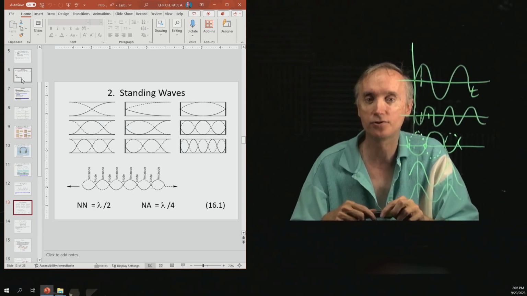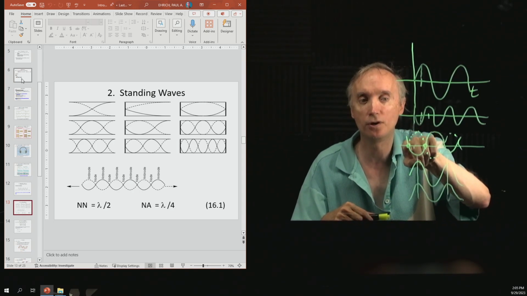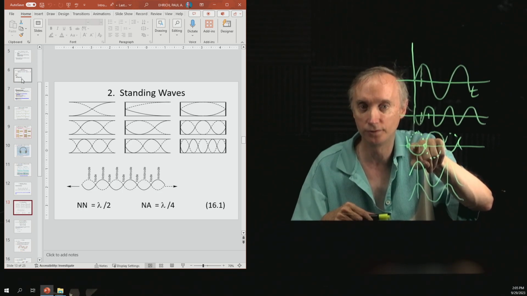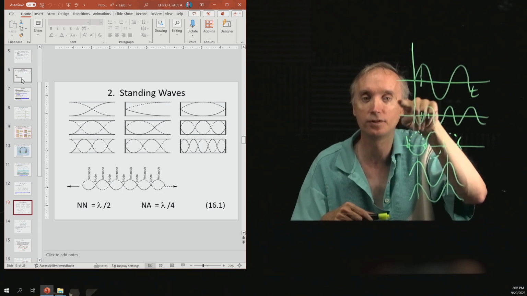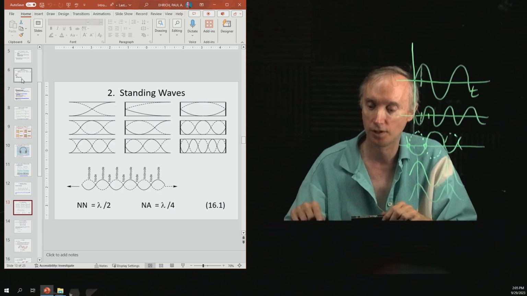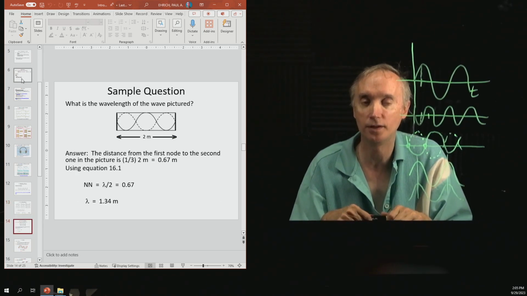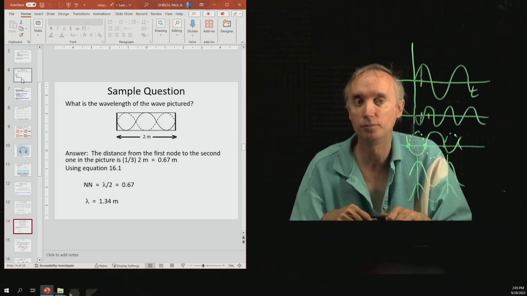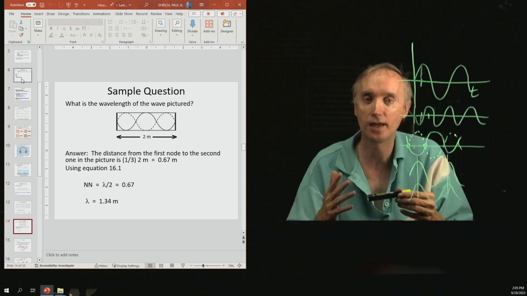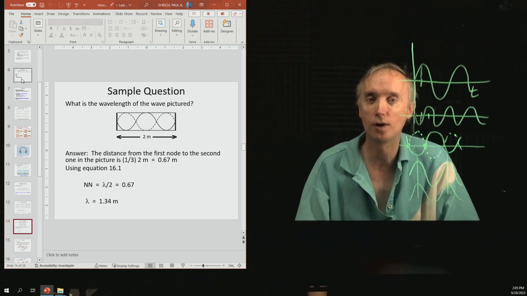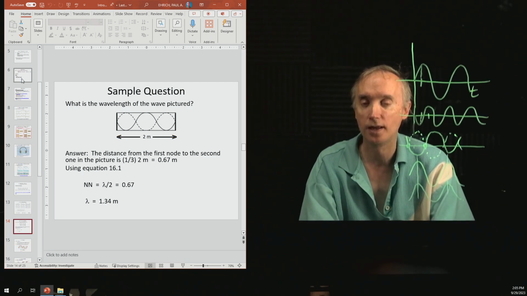And the distance from a node to an antinode is the wavelength divided by 4. So here's a sample question that could be on the exam, and it would be bonus: being able to figure out where the nodes and the antinodes are and then calculate the wavelength of it.